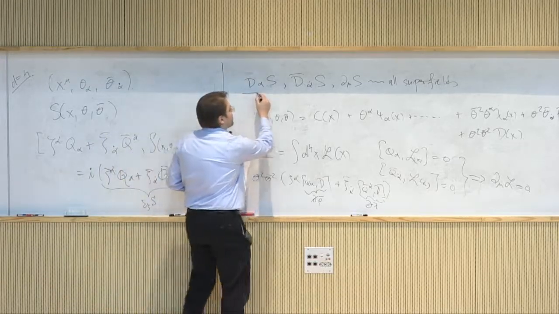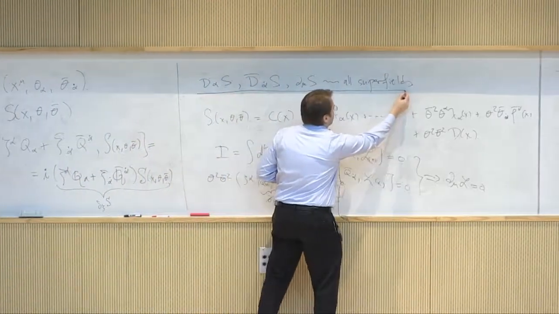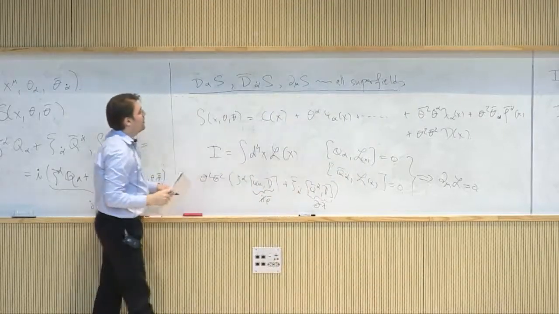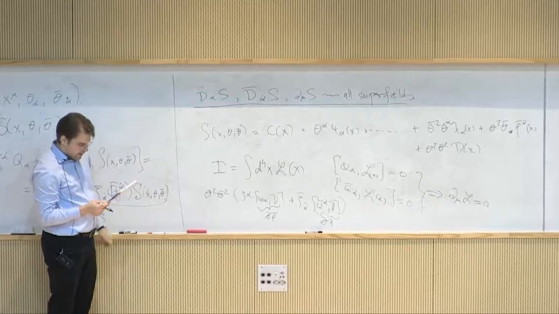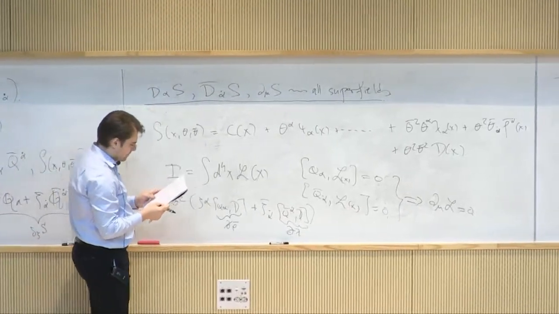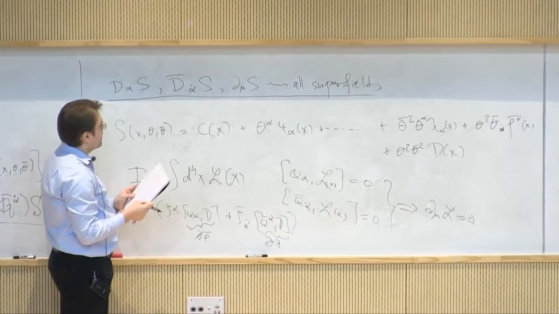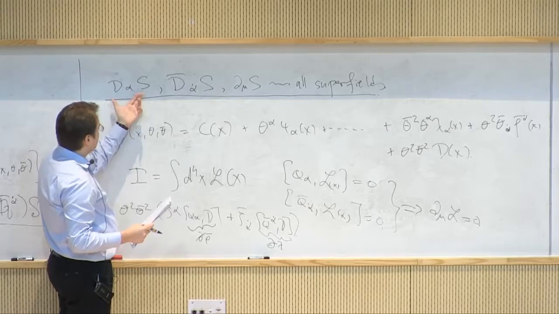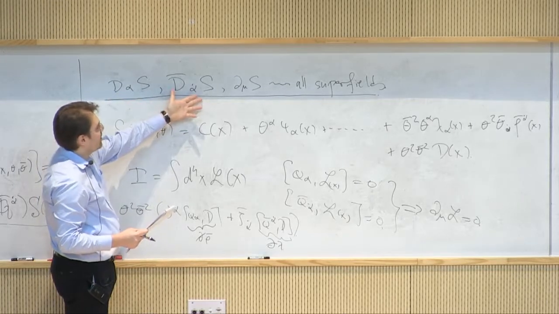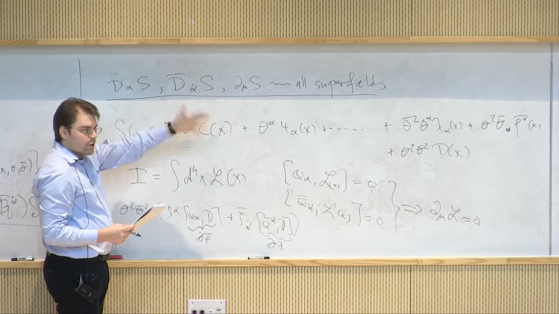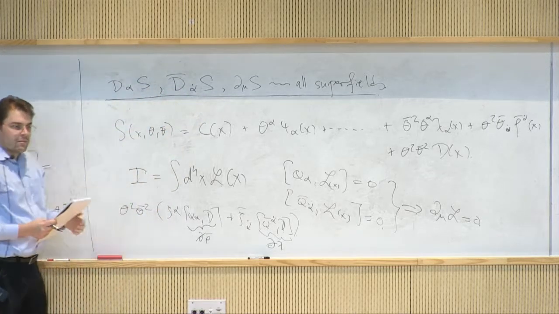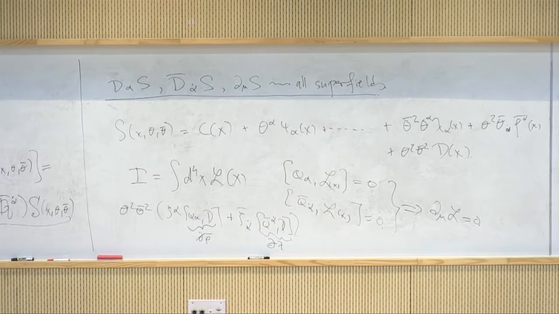And we're going to make use of this fact here, namely that covariant derivatives of superfields are, again, superfields. And what does that mean? It means that D alpha of S and D bar alpha of S itself is a closed, sensible, and consistent representation of supersymmetry.